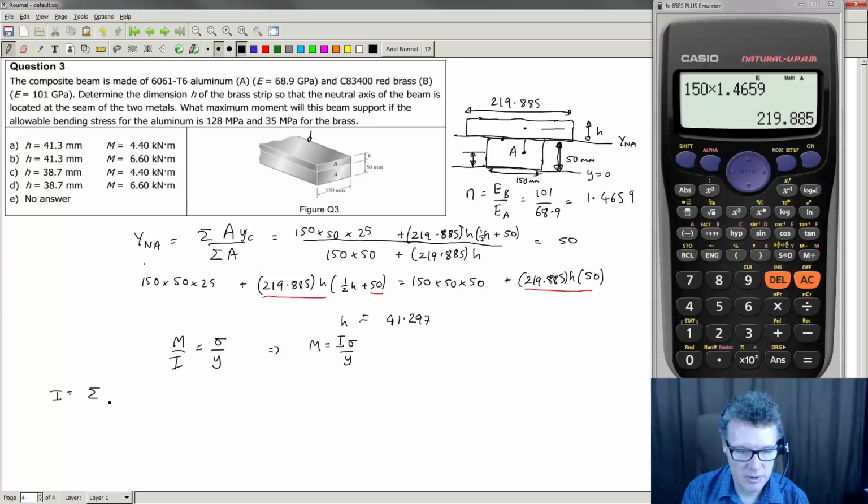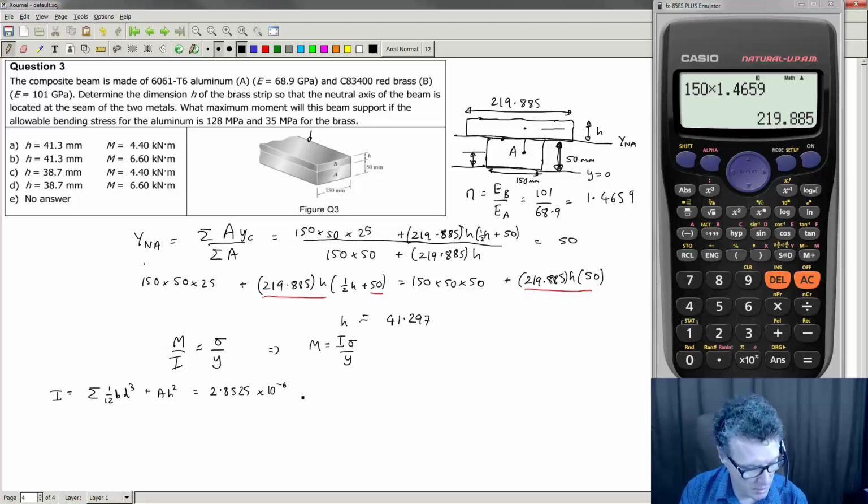So I is going to be the sum of 1/12 BD to the power 3's plus AH squareds. I worked them out; you should be able to do that yourself. So we work out that to be 2.8525 times 10 to the minus 6.